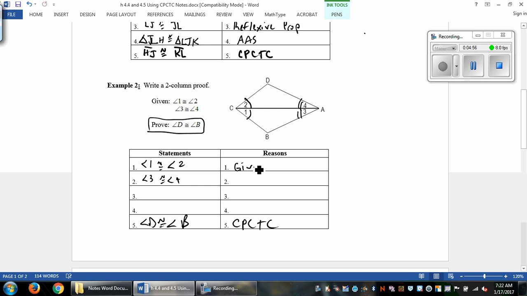Given, given. Once again, we've got two angles, so either proving the sides, which we don't have any information on, but once again we can use the reflexive property here, and since this is a mirrored image, we're going to go ahead and say CA congruent to CA.